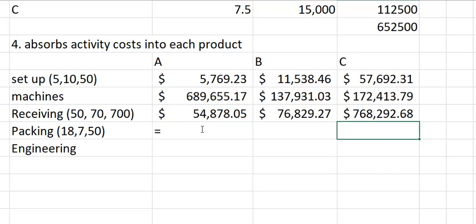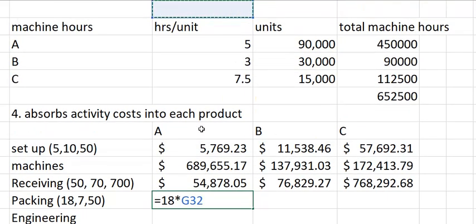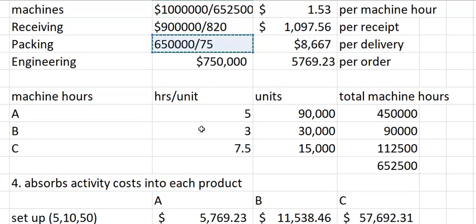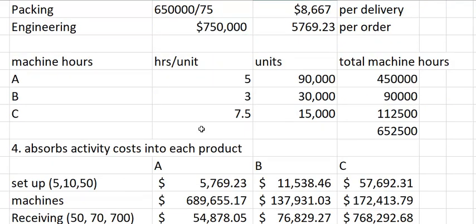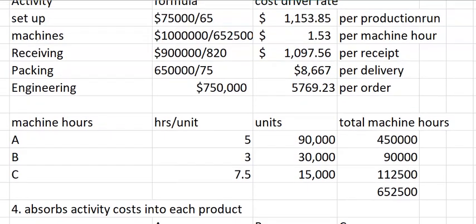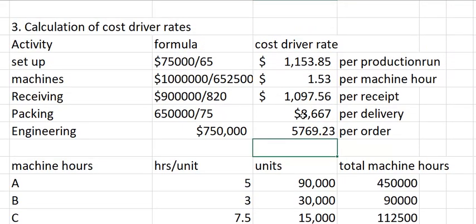It will be 18 for product A times this one.